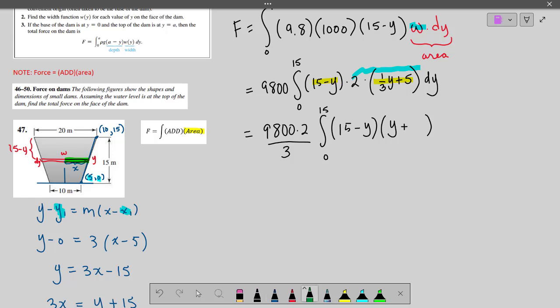What would be added to y if we factor out a 3 in the denominator from that 5? 15. Because there is no 3 here, so you can imagine multiplying by 3 over 3, and then you're factoring out this 3, so there's still a 3 left in the top, so that would turn this into a 15. So that is a good skill to be able to factor out that fraction, and now it's a lot simpler looking for when we FOIL.